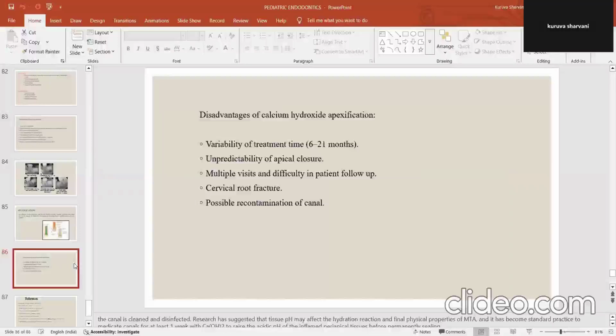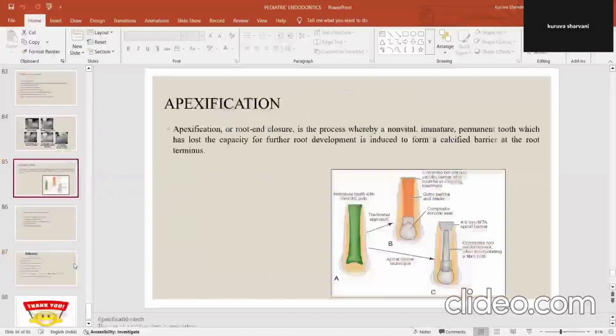Coming to the apexification procedure, initially you are going to do the access cavity. After entering into the access cavity, you will be removing the exposed pulp. After that, you will be placing the calcium hydroxide at the pulp orifice, the coronal pulp orifice. Later, you will be recalling the patient every 6 months, 12 months or 18 months.